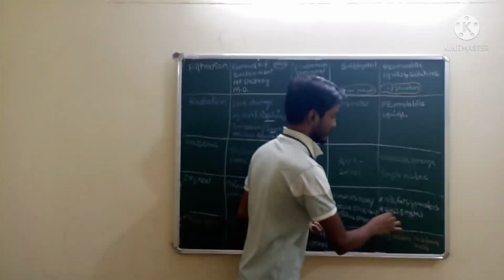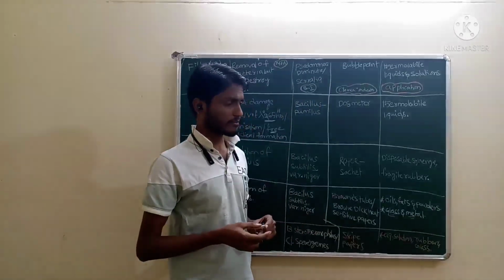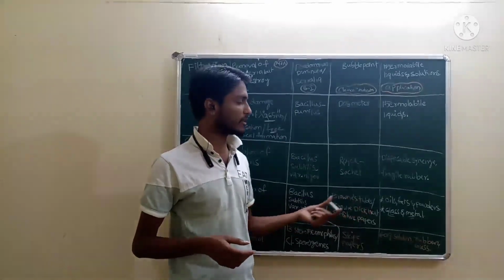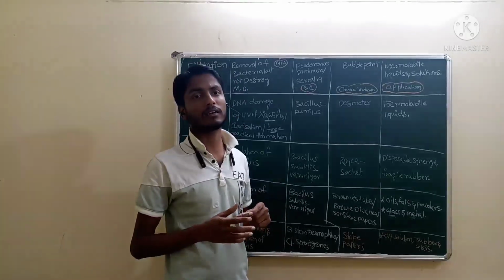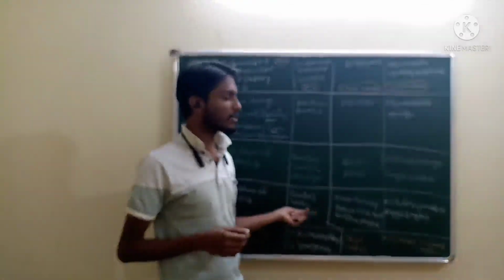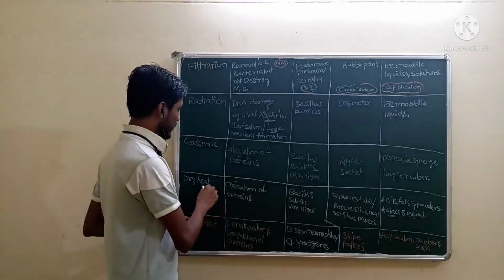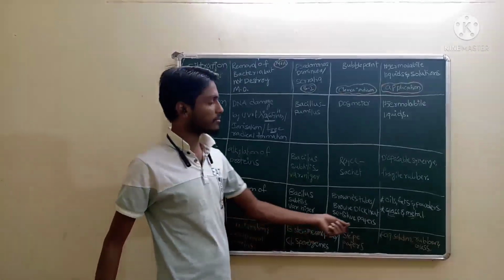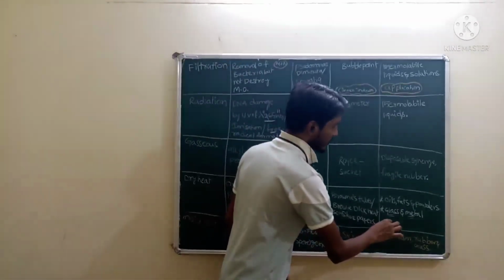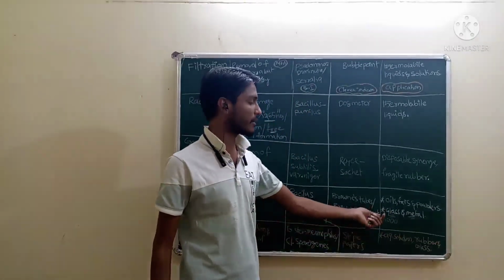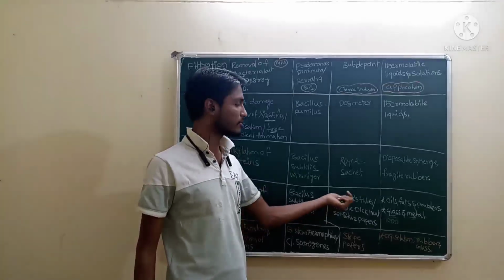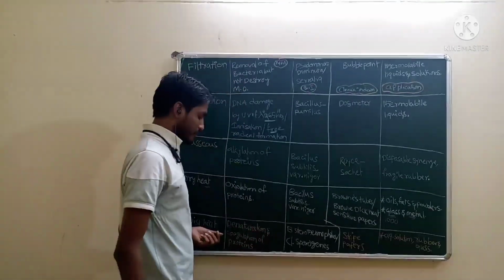Next one is glass. Glass can be sterilized by dry heat sterilization. Why? Glass will not melt at the temperature used in dry heat sterilization. The glass melting point is approximately 1000. Hence glass can be sterilized by dry heat sterilization.